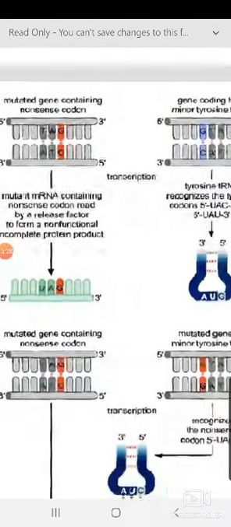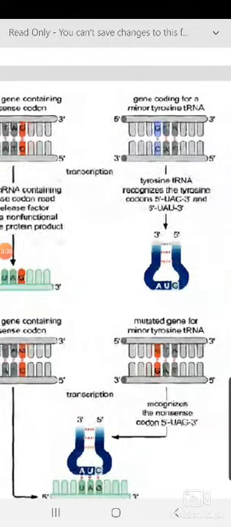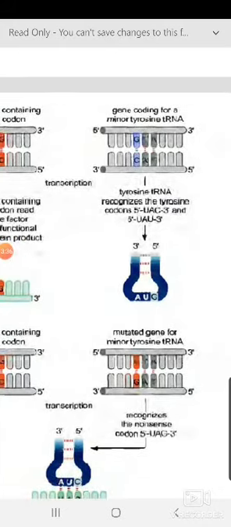But imagine it happened in E. coli, in some cell there is a mutation in the gene coding for a minor tyrosine tRNA. So this is actually a gene for a minor tyrosine tRNA. Generally tyrosine tRNAs are specific, but there is some alteration in some type of tRNA in the anticodon sequence.